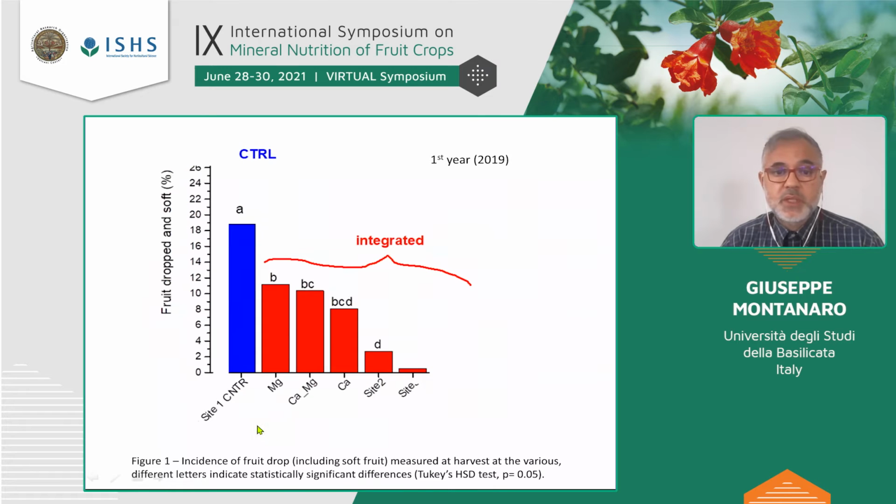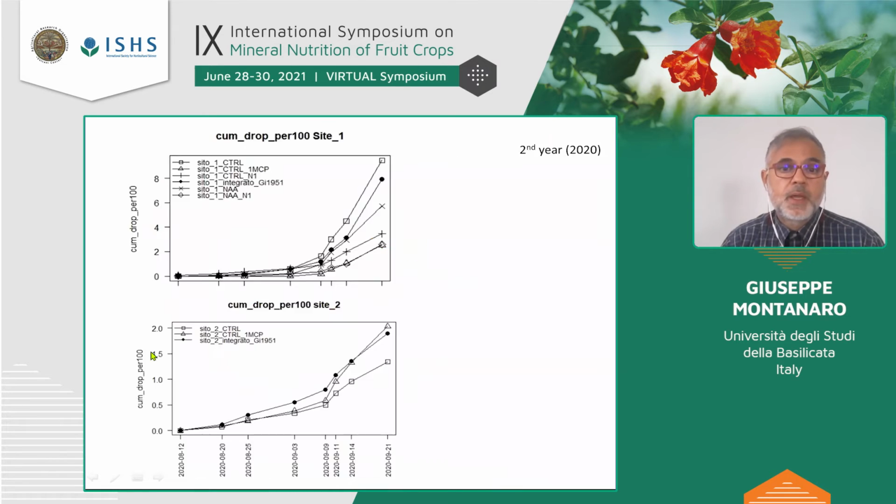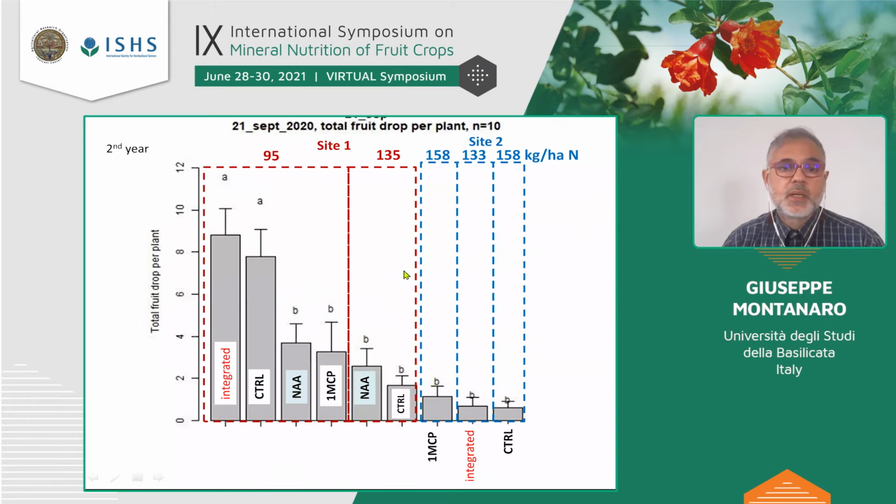Just to have some statistics on the results, you can see the benefits of the integrated mineral nutrition compared to the control. In the second year of the experiment, we got a similar trend in fruit drop dynamics at both sites.